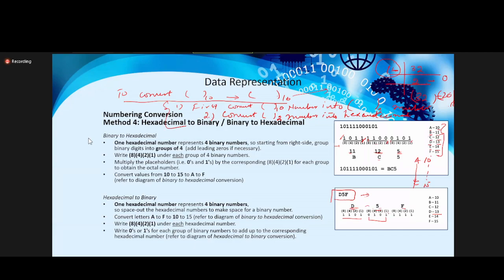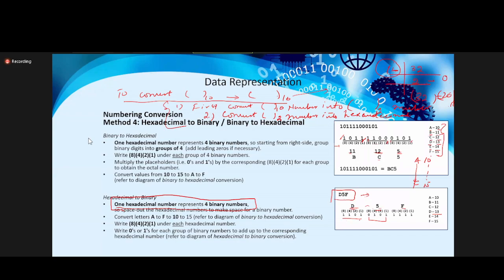A 4-bit binary pattern. Remember that every hexadecimal digit is equal to 4-bit binary. Just remember this for this conversion. So 4-bit binary is a nibble.